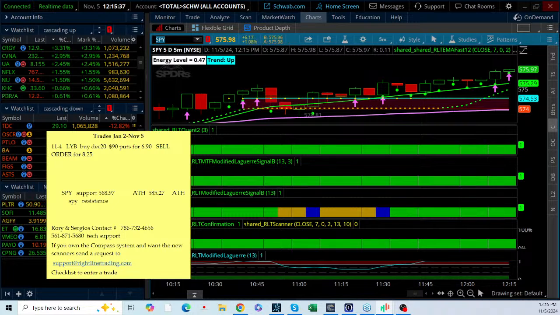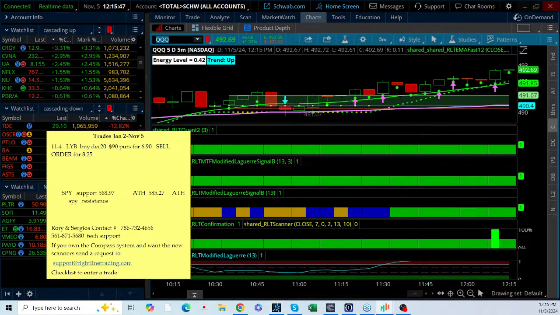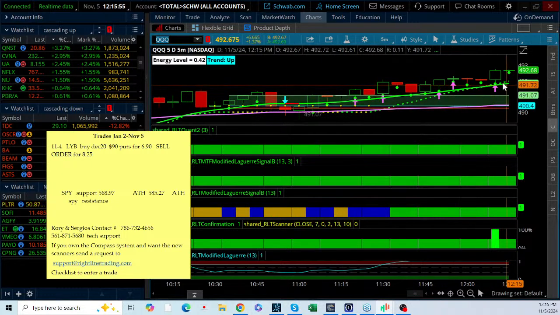SPY is right at the 15 EMA right now, right at resistance. Qs have cleared resistance this morning, so they're potential upside. Again, I'm not going to take it unless I can catch it right off of this 15 or this VWAP, but I'm not going to chase it up here.